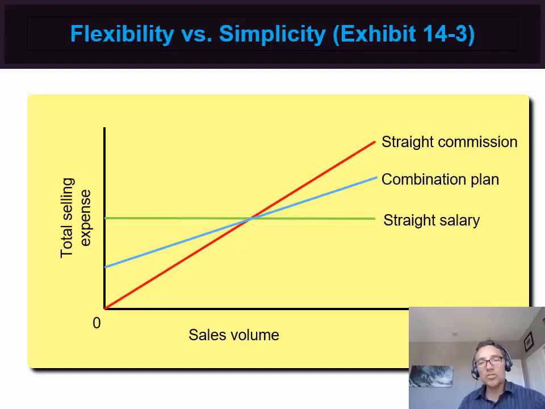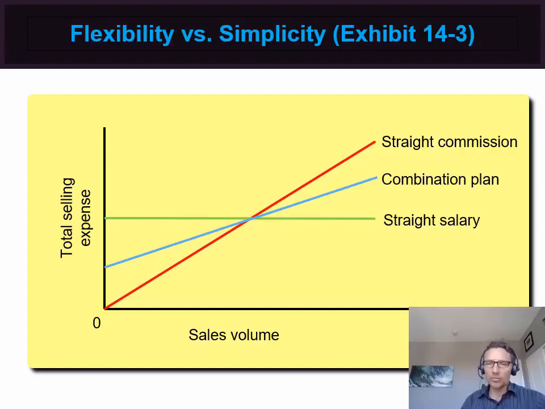If it's mostly servicing existing accounts, in that case, you're going to have to do a lot of after sales support. The sales are pretty established. Well, then it wouldn't make sense to give them a straight commission because they're getting a commission on existing accounts that are already in place. That doesn't make sense. So that makes more sense if they have a straight salary.